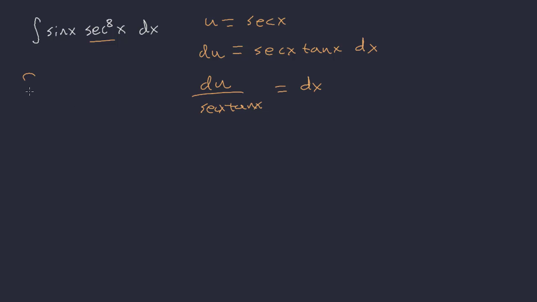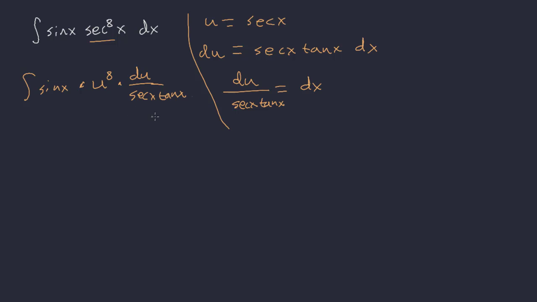And we would now get the integral of sine x times u to the 8th times du over secant x tangent x. And that does look kind of gross, doesn't it?